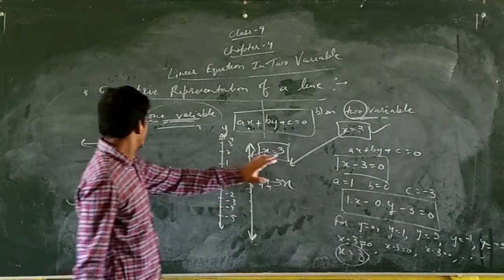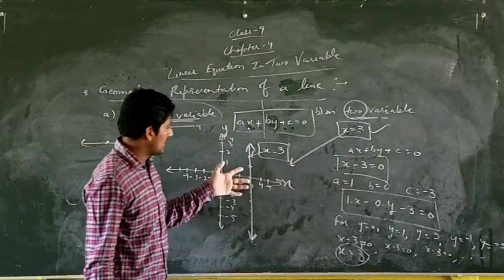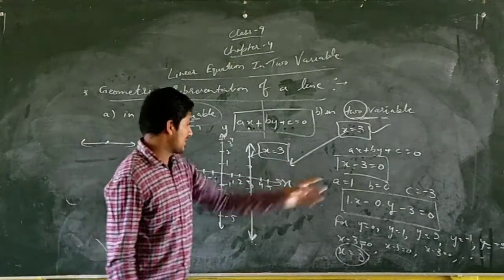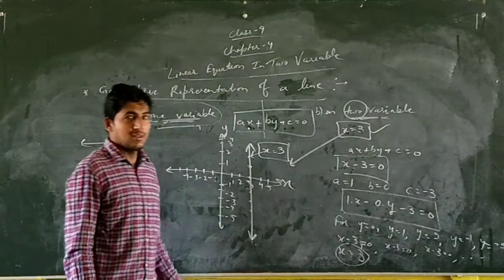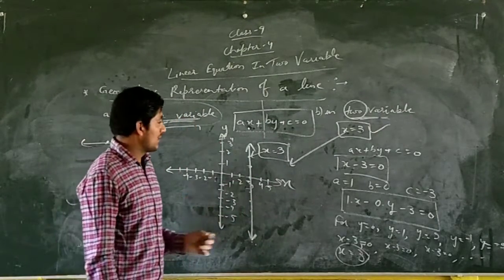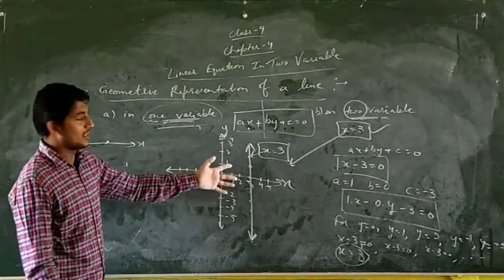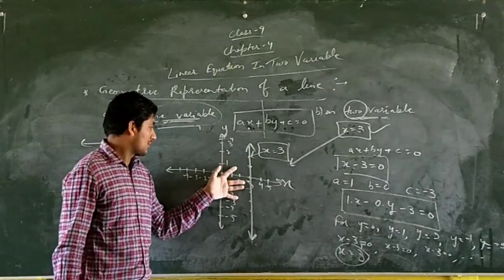Thus we have the solution for x is equal to 3 in two variables. For other values of x or y, we may represent it in the following manner. Thank you.